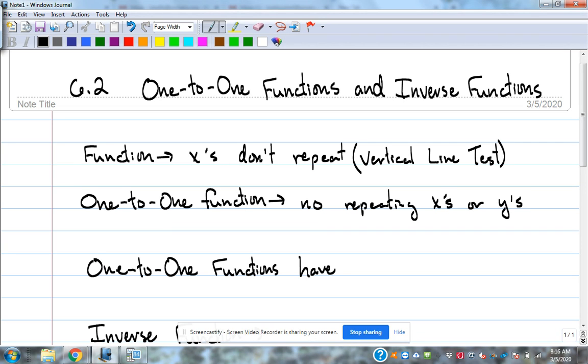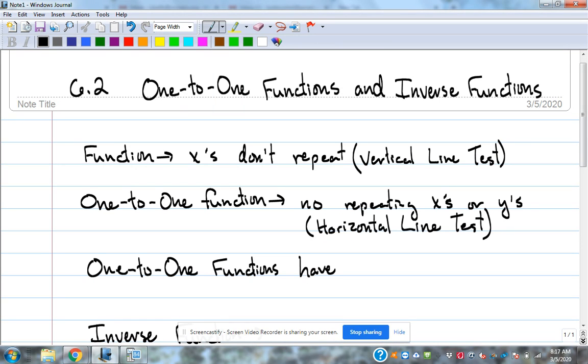So it passes the vertical line test because it doesn't repeat x's, and then it's going to pass a horizontal line test, with the same rule. So vertical line test, it can only hit once, right? Horizontal line test is the same rule. It can only touch one place anywhere on the graph, and it passes the horizontal line test, and that decides if you repeat y's or not. So one-to-one functions are going to pass the vertical line test and the horizontal line test. Has to pass both to be a one-to-one function.